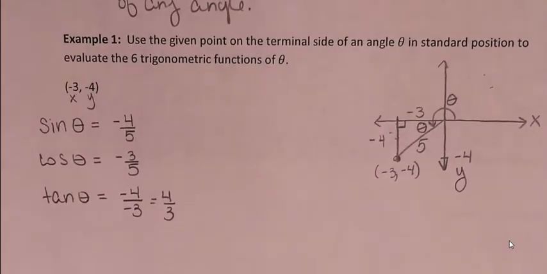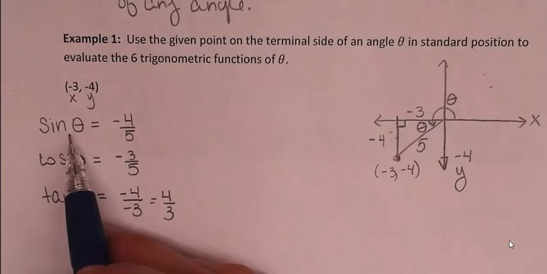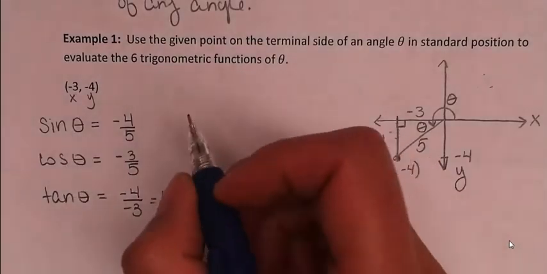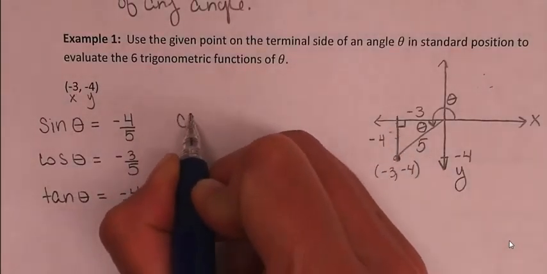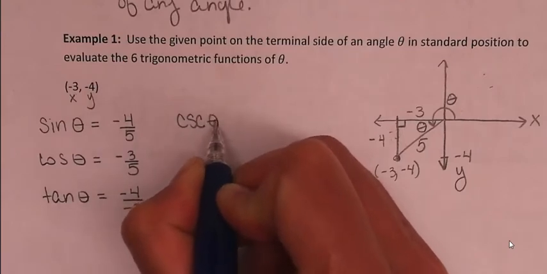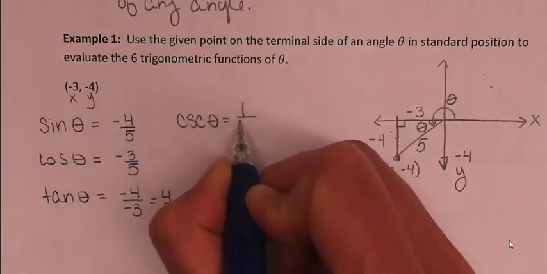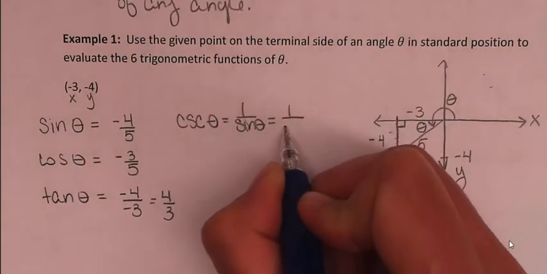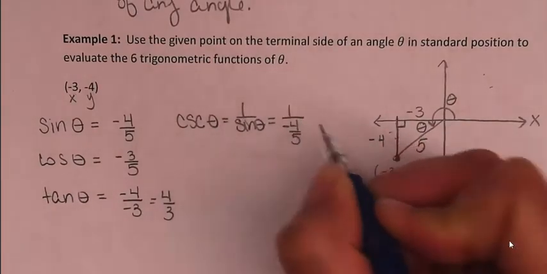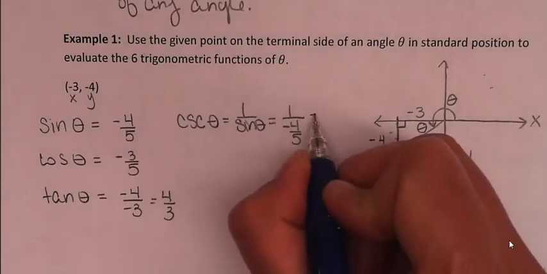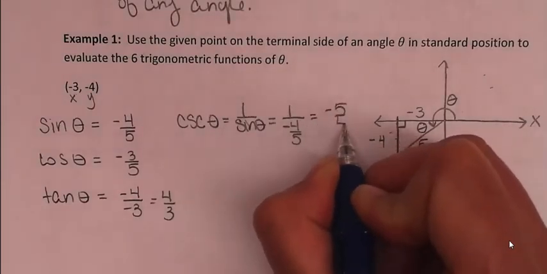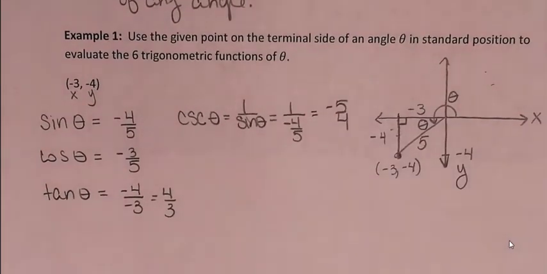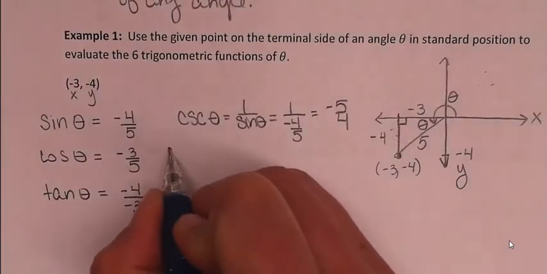Now from there, the other trig functions build on sine, cosine, and tangent. So cosecant of theta is really the same thing as 1 over sine theta, which is 1 over -4/5, which if you do the math, you end up with the reciprocal, -5/4.